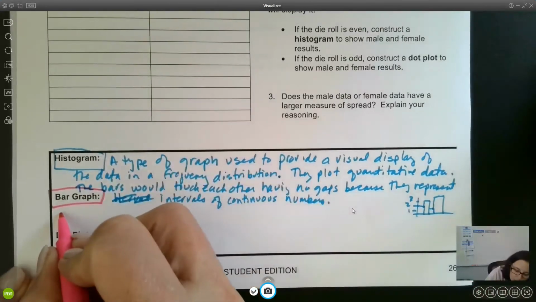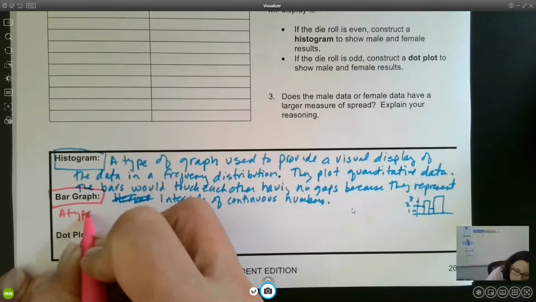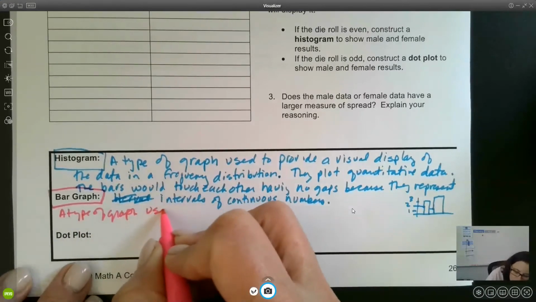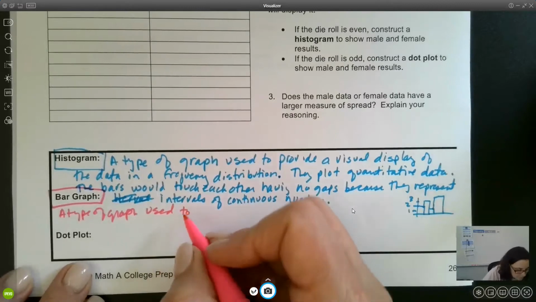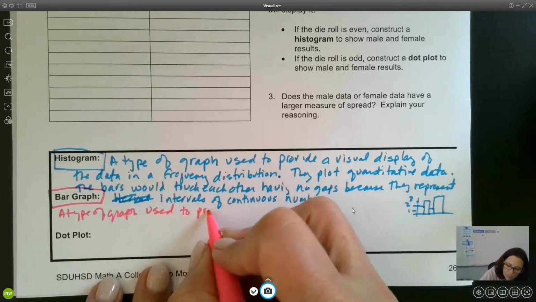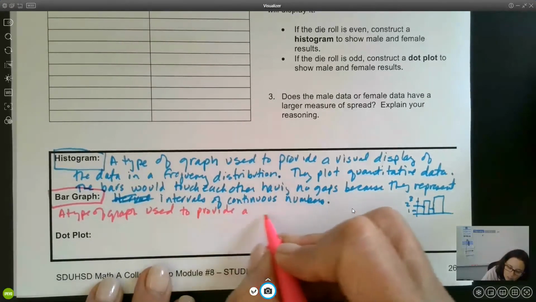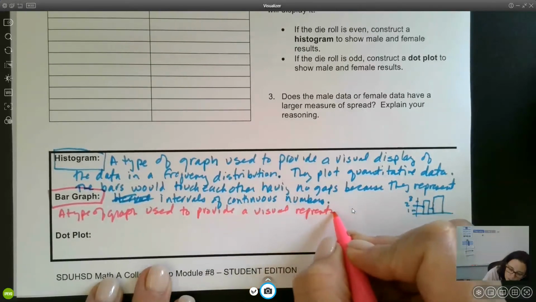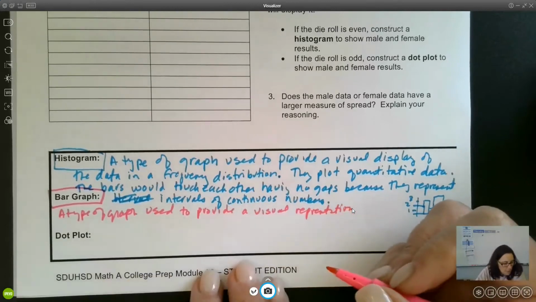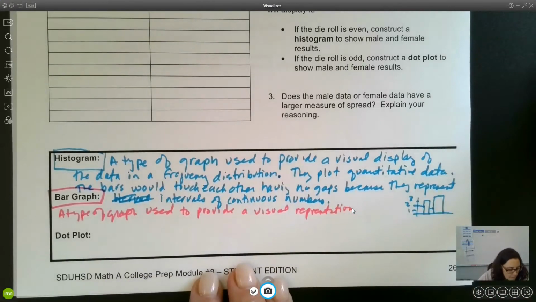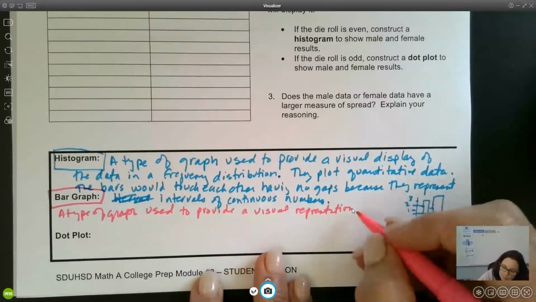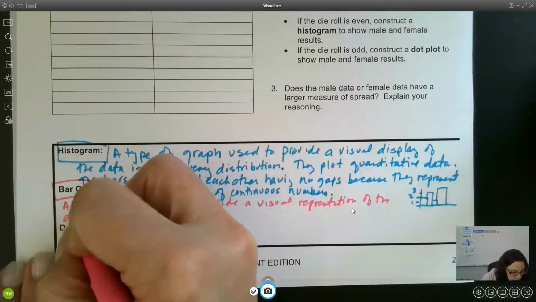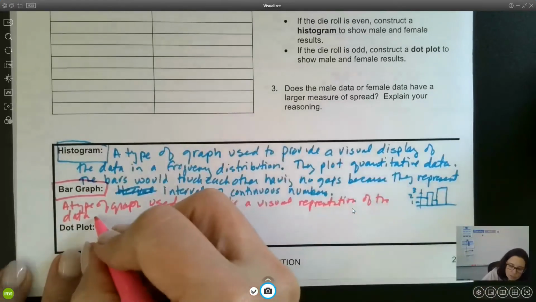A type of graph used to provide a visual representation of the data in a frequency distribution.